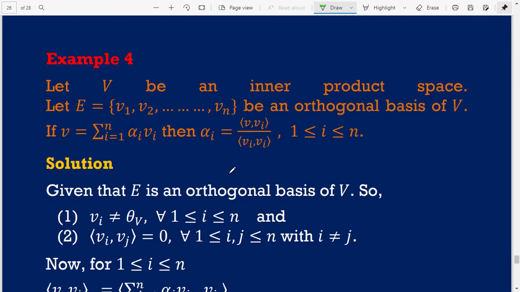Now we see an example. Let V be an inner product space.